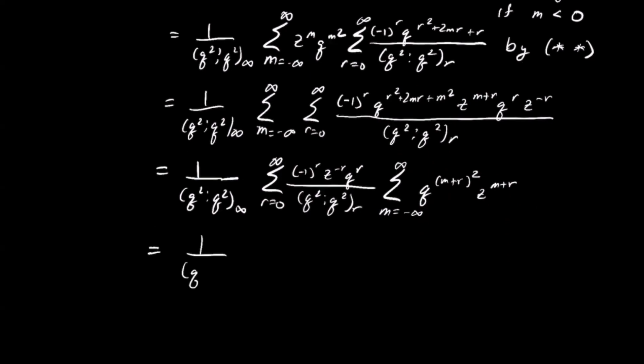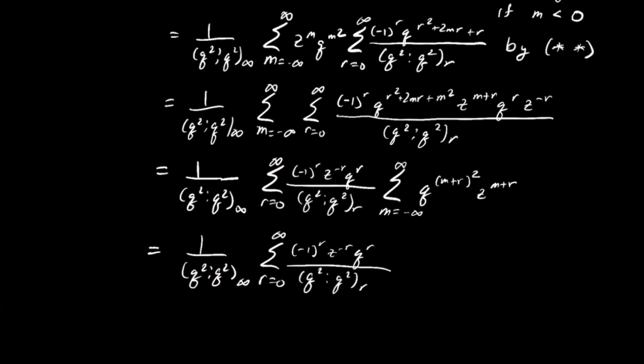So this is 1 over (q squared) sub infinity, sum, r goes from 0 to infinity, of (-1)^r z to the minus r, q to the r, divided by (q squared; q squared) sub r. And now I'm going to write this sum as m goes from minus infinity to infinity of q to the m squared z to the m.